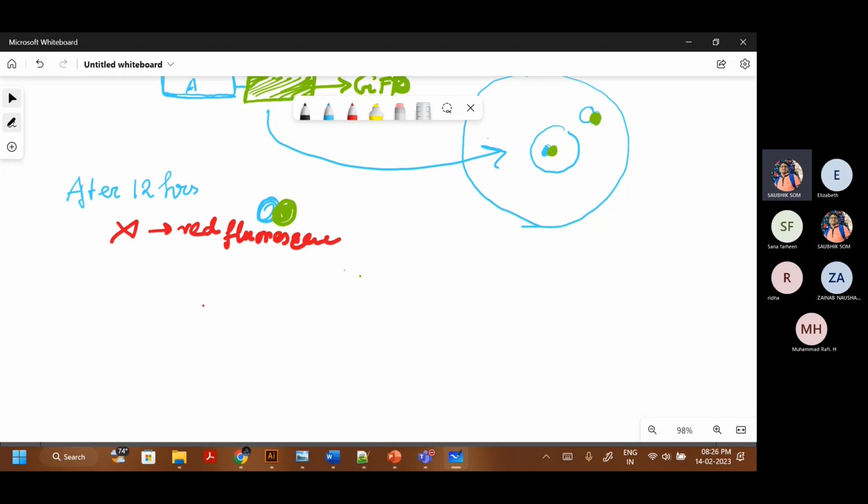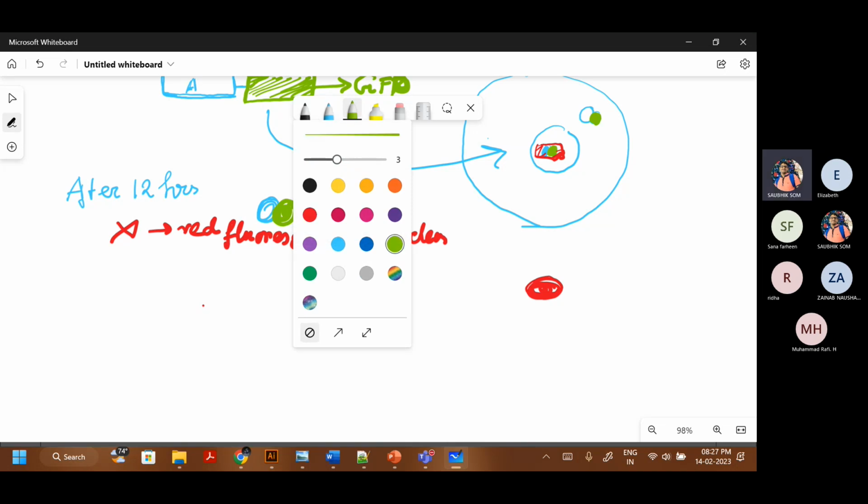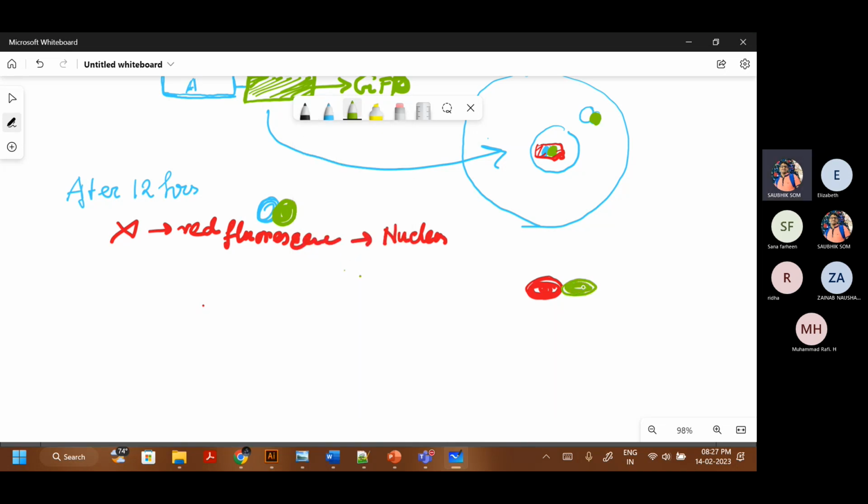Now I see that this red fluorescence is coinciding with my green fluorescence, and I know this dye goes to the nucleus. So I'm seeing that this red and this green are fluorescing together. I can see that by different methods of microscopy.